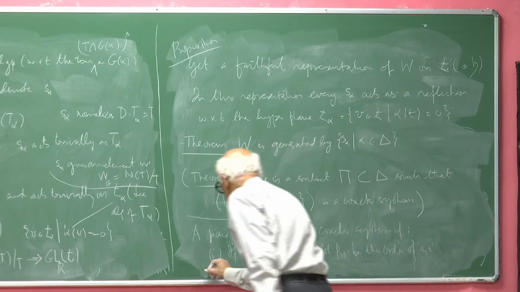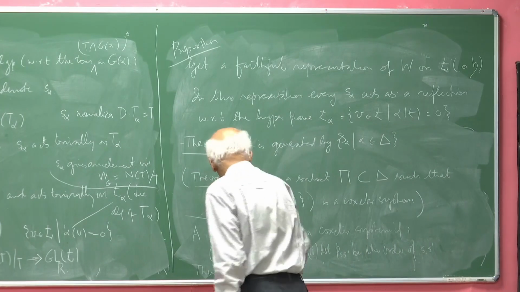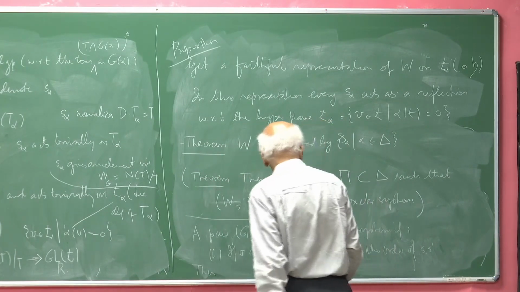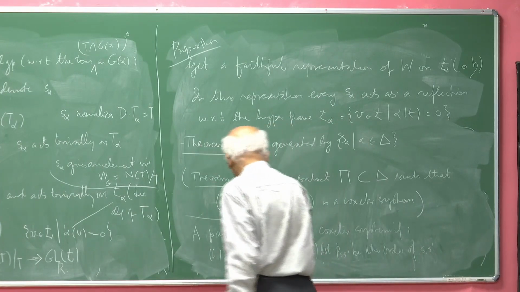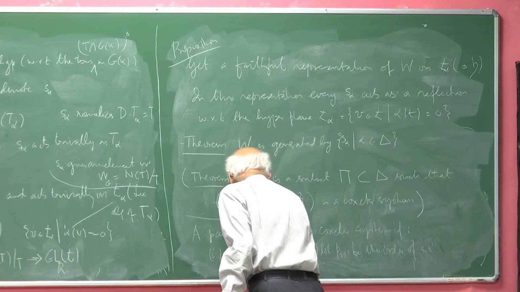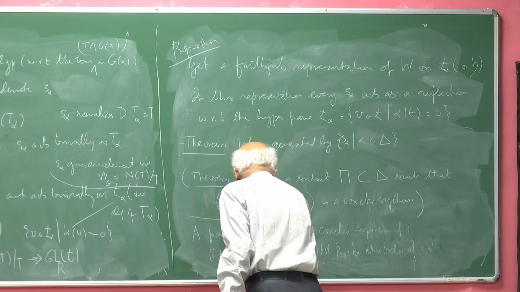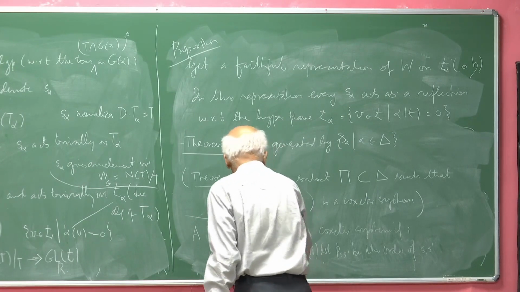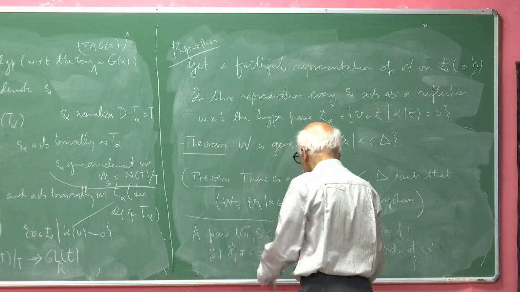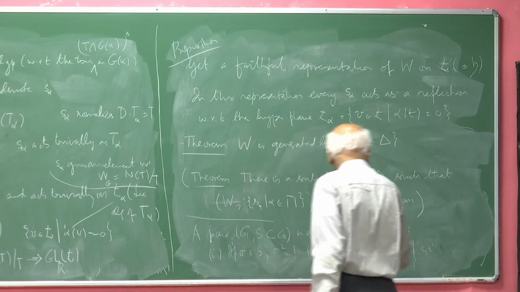Then we also assume that sigma square is 1 and sigma is not equal to sigma prime. I mean, they are distinct elements. So let P(S, S') be the order of S S'.